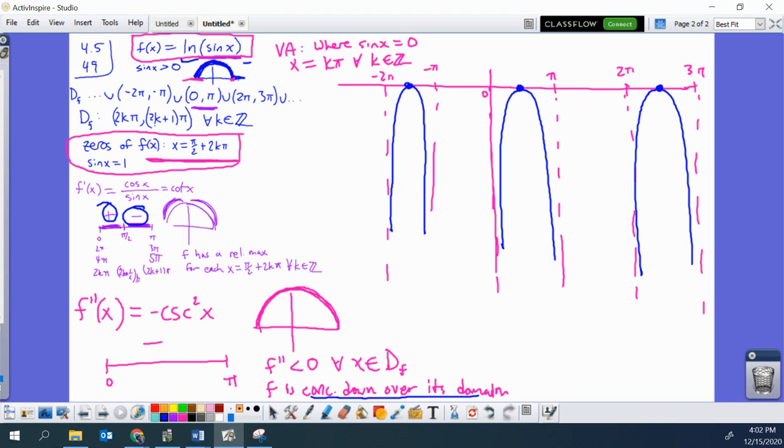Which, again, you might have predicted without doing any of the calculus if you just thought, again, about what that sine function does from 0 to pi. It goes from a value of 0 to a value of 1 back to a value of 0.